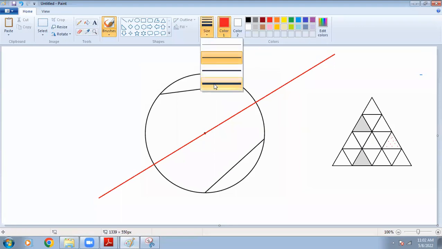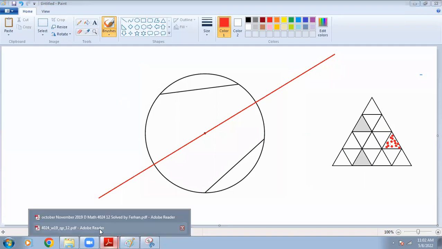Let me increase the size of that. This one should be shaded. Now you can see it's a fan. This is the center. This is the fan. It has 3 blades. So it has rotational symmetry of order 3. Hopefully you understand.